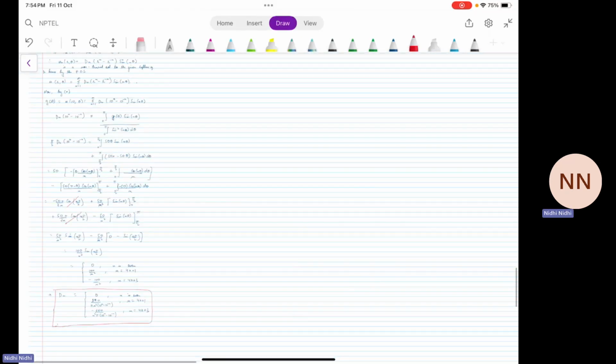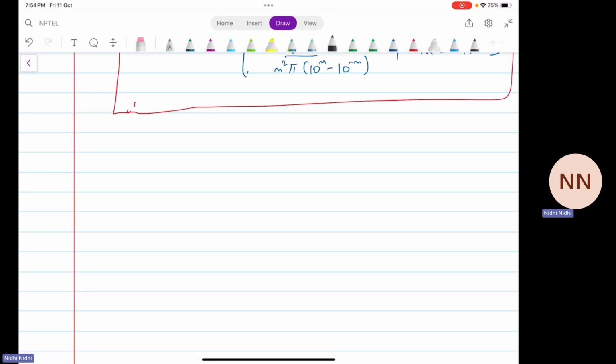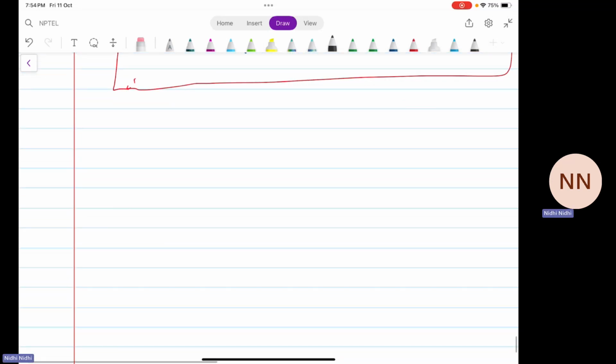Using a similar approach, I would give this as homework. You can solve this Laplace equation in the radial form.